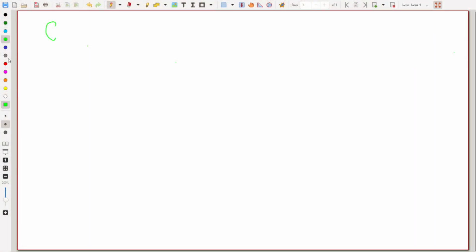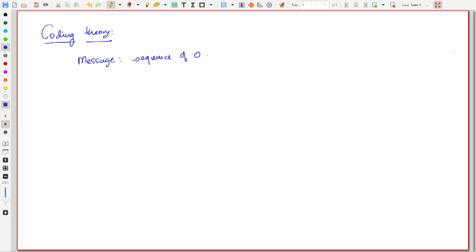So, we will just model it as usual, with a message being just a sequence of bits, so either 0 or 1. So in coding theory, a message is a sequence of bits. And usually the message is sent in packets.